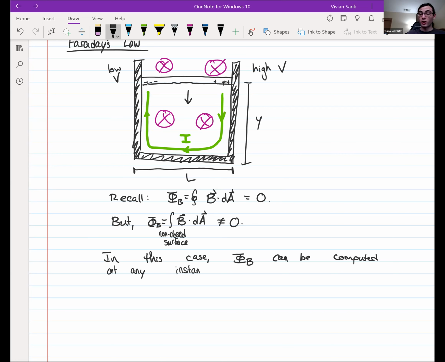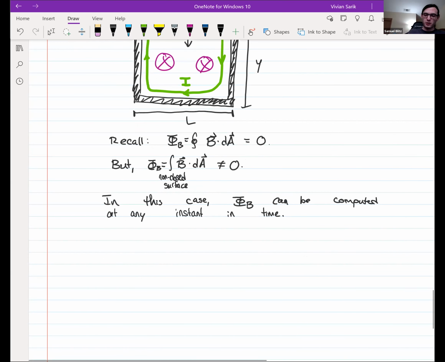And it's not particularly hard to do so, right? Because we can just do this integral explicitly. You can just coordinatize it in the x and y plane, and integrate from 0 to y and 0 to L. And then you do B k hat, and you guys know how to do this integral. It's a relatively straightforward area integral, basically.